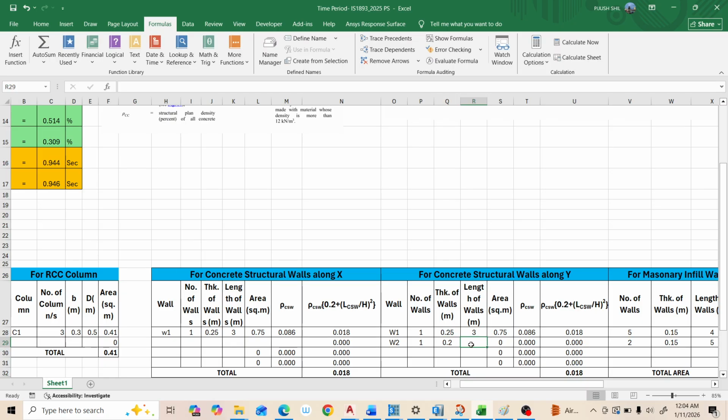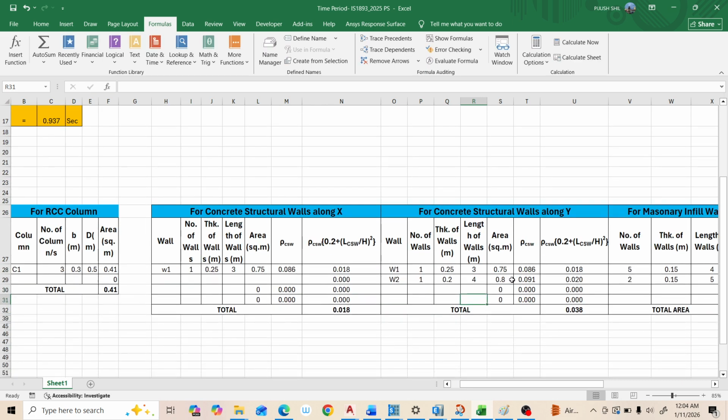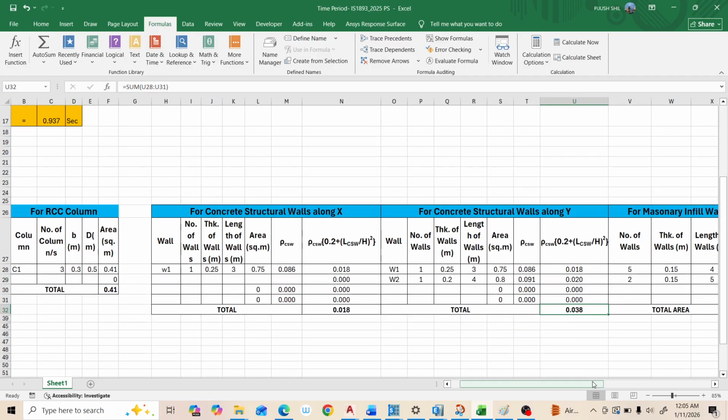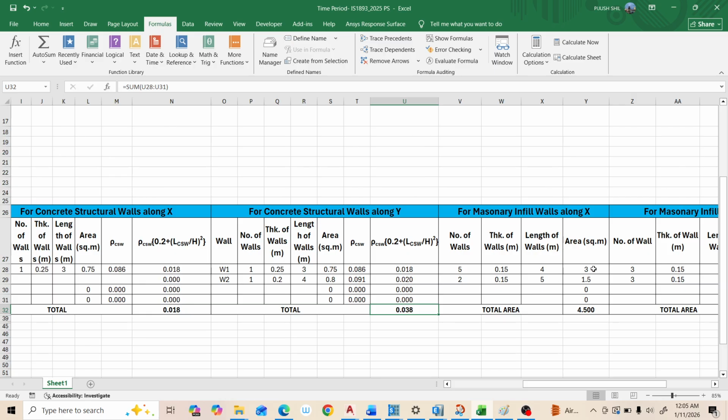And here suppose length of the wall is 4 meter. Based on that, I have wall area, and then rho CSW, with LCSW, and H we know, so I can get this value. And similarly in masonry wall also I can get the area like that only.